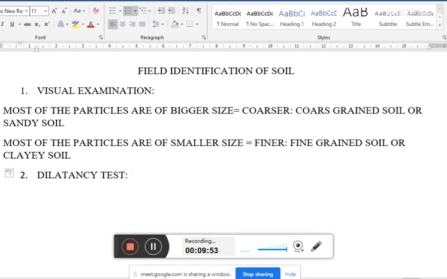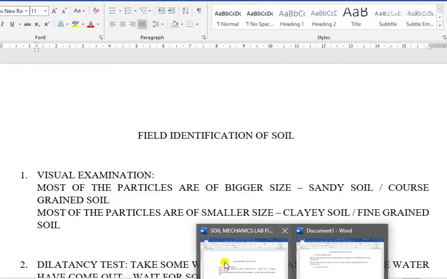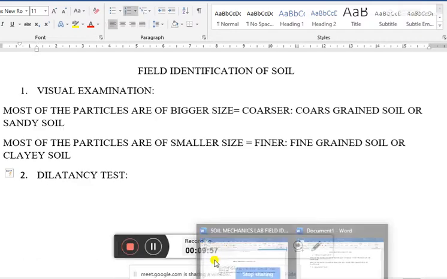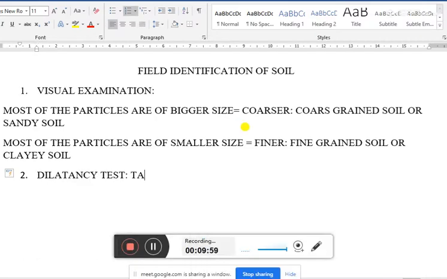Now, for dilatancy test, what you have to do is take some wet soil, and the soil is not very much wet but moderately wet soil. I can write down here.